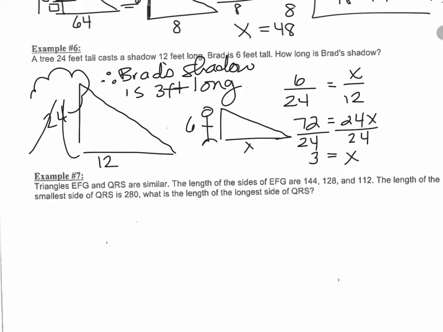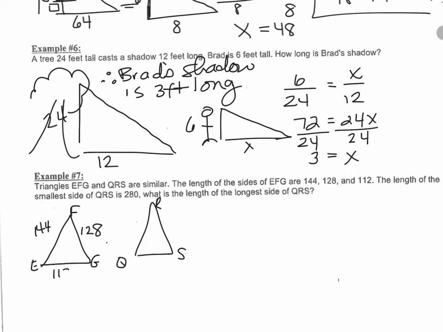I wanted to go ahead and actually go over example 7 with you, just to make sure that we're all on the same page. So it says triangle EFG and triangle QRS are similar. So I'm going to go ahead and draw that. And I'm going to say EFG and triangle QRS are similar. The lengths of sides EFG are 144, 128, and 112.